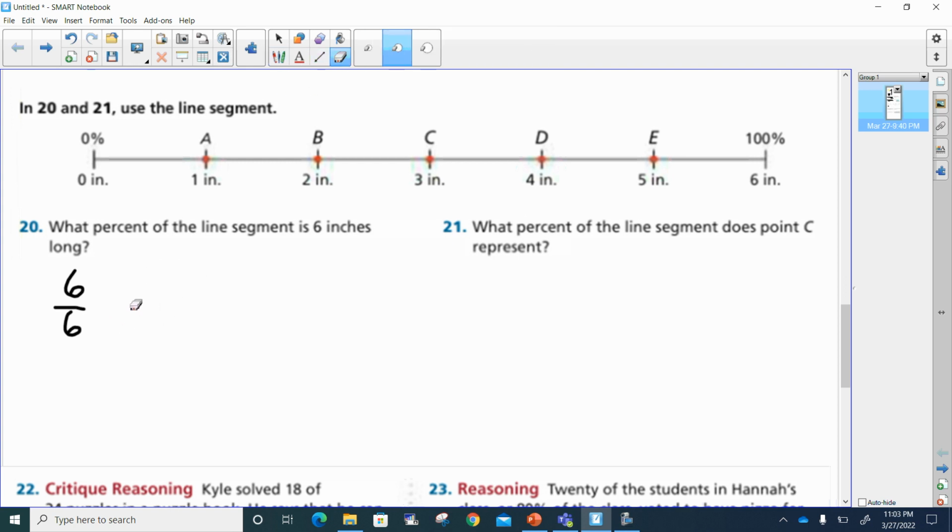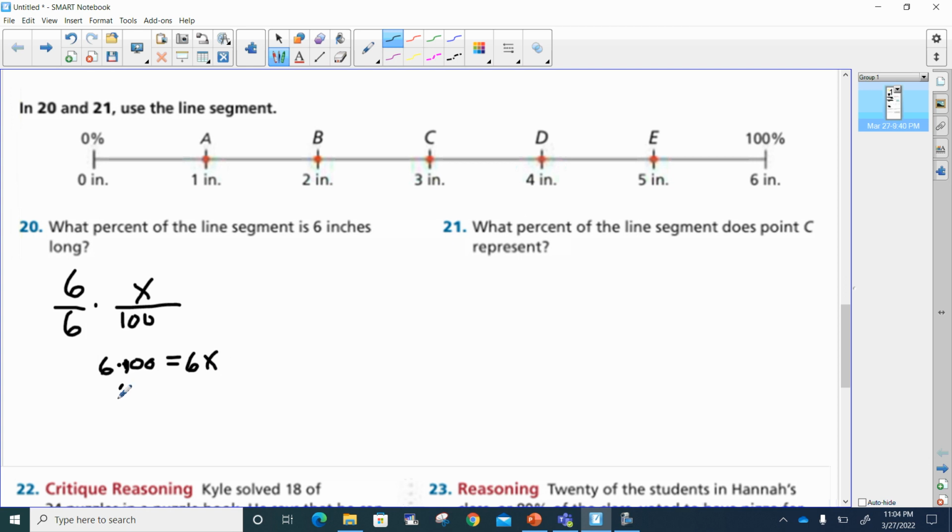What if I wanted to use the cross multiplication method? It's still going to come out the same, because when I multiply this to something over 100, and I look for what percent, this is going to give me 6 times 100 equals 6x.